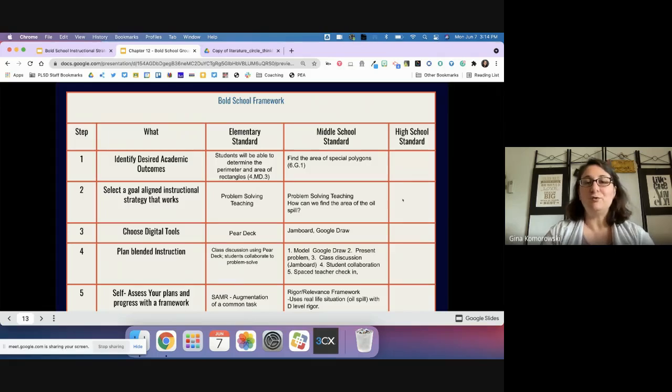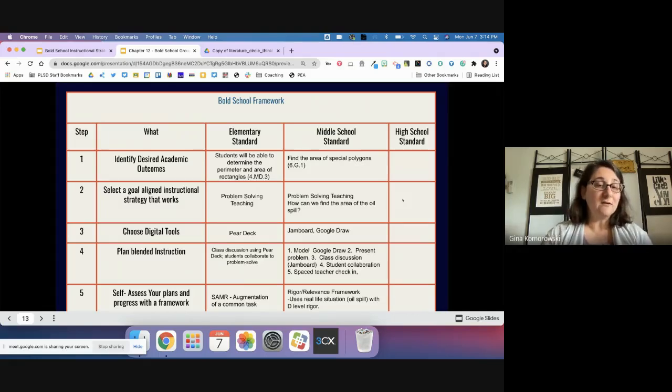So students have a problem that they really need to deconstruct before they need to find the answer. The digital tool that I chose for that would be Peer Deck. There's a lot of assumed prior knowledge, formulas for area and perimeter, multiplication facts and fluency that have to be there before they can even tackle a problem like this.